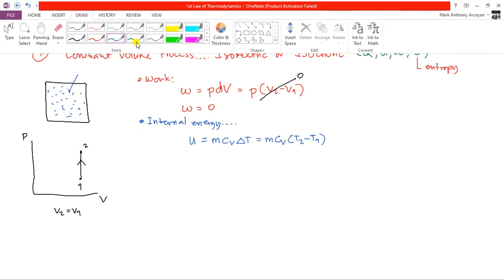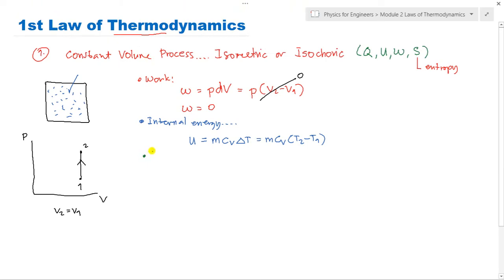After internal energy, let's proceed to heat Q. Heat is an energy that could be added to the system or lost from our working substance. For heat, just follow the first law of thermodynamics for a non-flow system, Q equals U plus work.